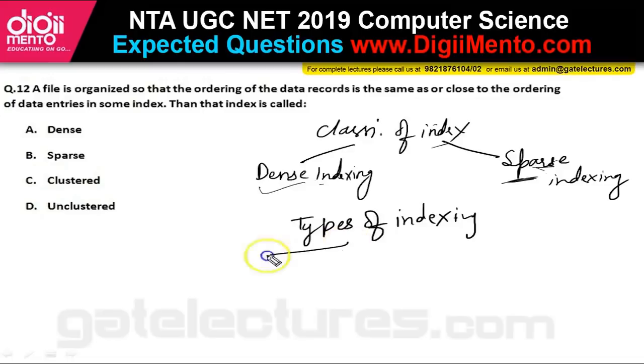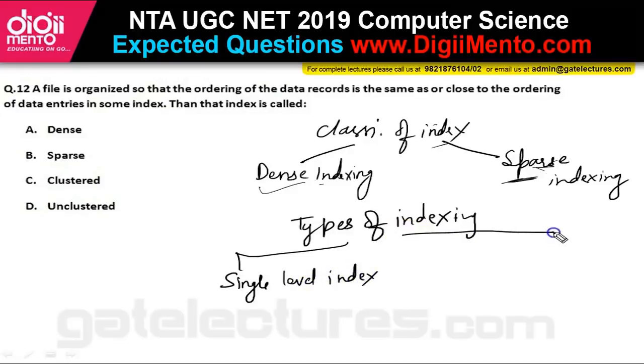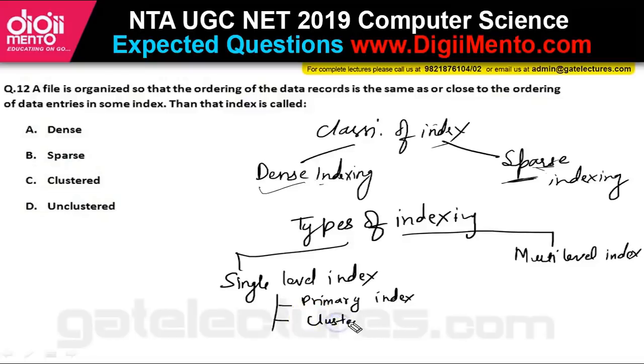Now when they talk about the types of indexing, we have basically two types: single level index and multi-level index. In single level index we have primary index. I have explained this in more detail, but you can remember these. Then we have clustering index, and then we have secondary index.